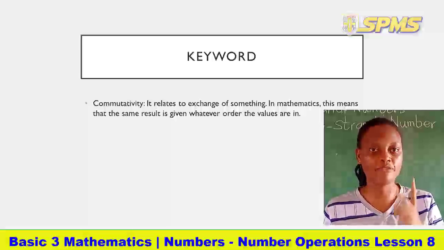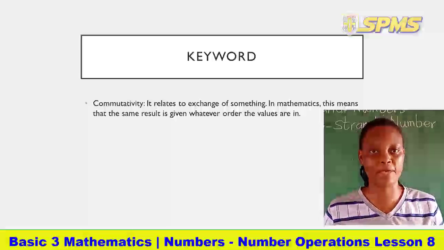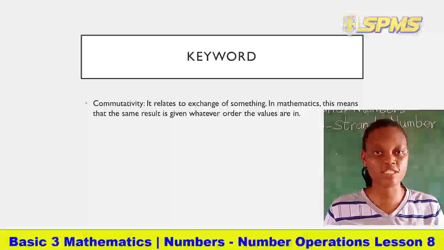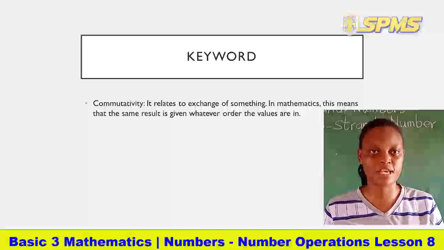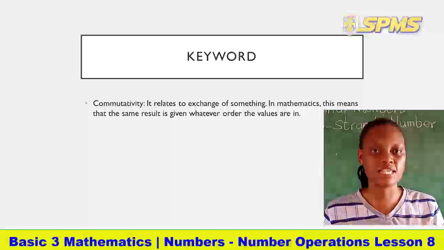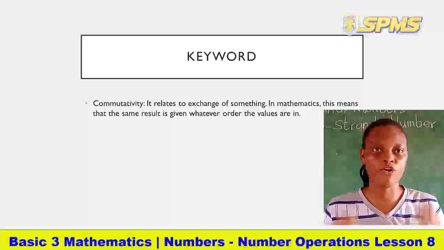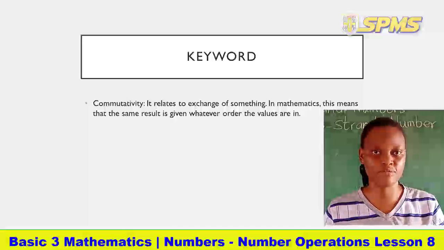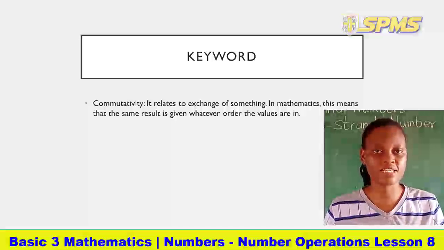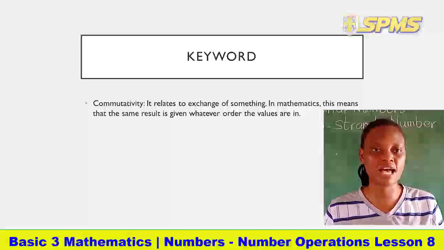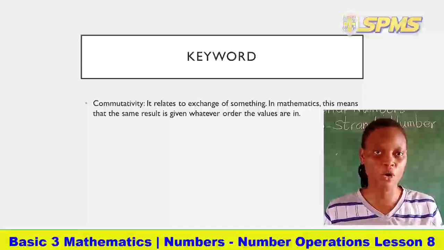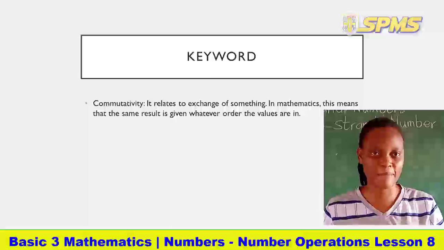When you exchange the numbers, they should end up with the same results. That is the property of commutativity: getting the same results no matter the positions of two numbers.